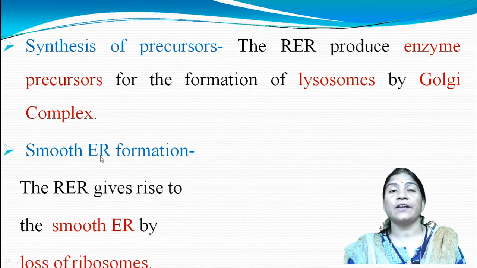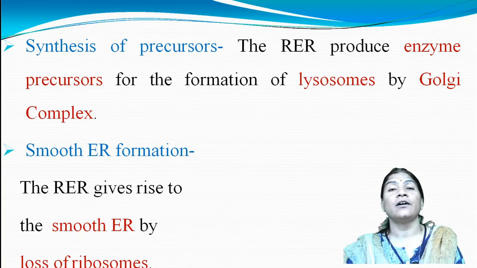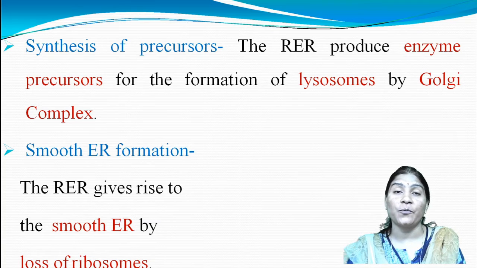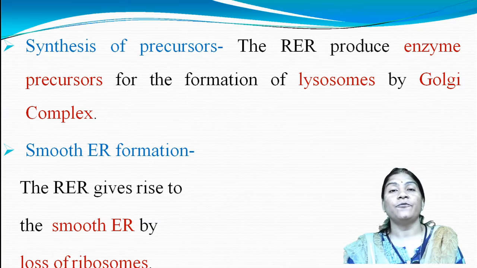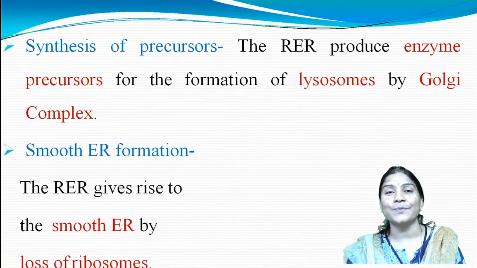This rough endoplasmic reticulum is also used for the formation of smooth endoplasmic reticulum. We know that in the previous lecture we learned about the concrete hypothesis regarding the origin of endoplasmic reticulum. In that, we learned that from the rough endoplasmic reticulum there is the formation of smooth endoplasmic reticulum through the detachment of the ribosomes.